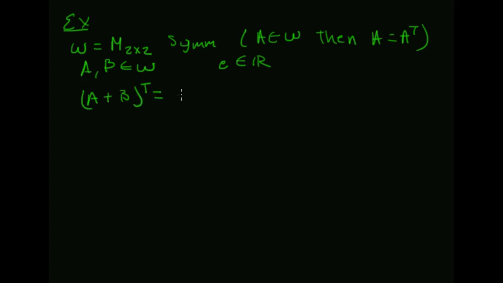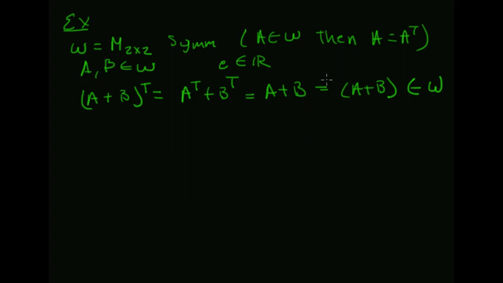A plus B transpose is the same as A transpose plus B transpose, which is the same as A plus B, which is ultimately the matrix A plus B, which is in W. Because if A and B are in W, then their sum is too.